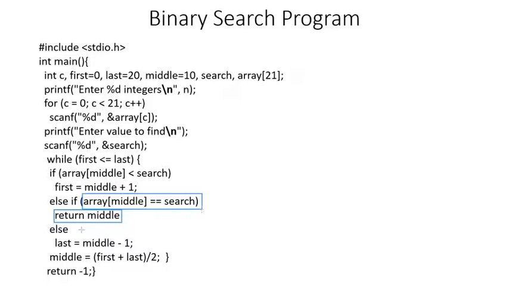At the end of the loop you are going to reach this statement only when the element was not found in the list, and hence you are going to return -1, which indicates that the element could not be found in the list.